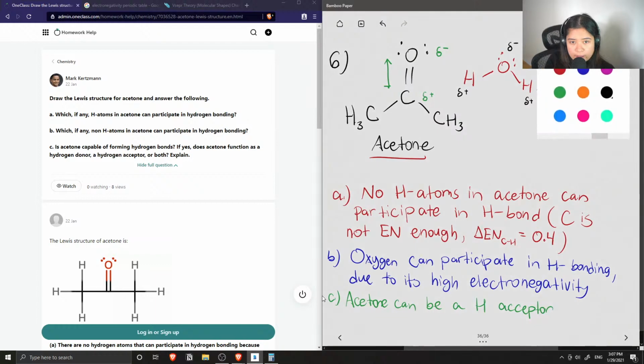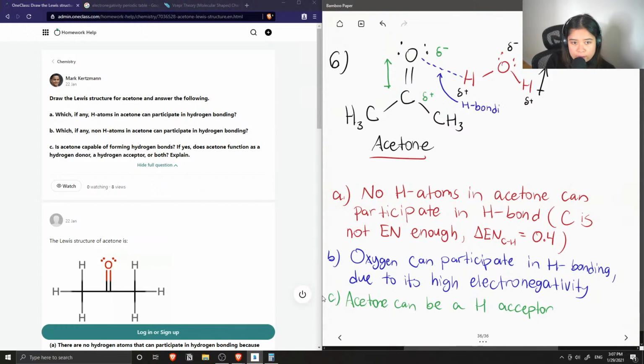So now the oxygen on the acetone can participate in hydrogen bonding with the hydrogen on another molecule such as water. So I'll just label this as a hydrogen bond. So this is hydrogen bonding.